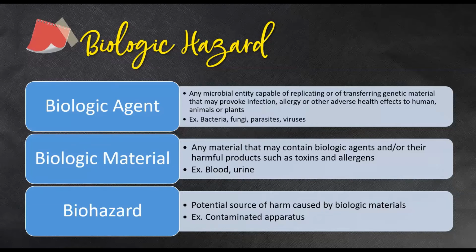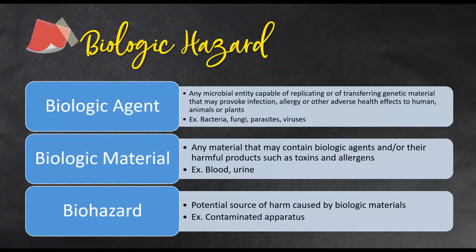Now, when it comes to assessing hazards, class, or when it comes to assessing biologic hazards, biologic agent, biologic material, and biohazards are considered under the category of biologic hazards ang mga ito. So, for example, you will be asked, what is an example of a biologic hazard?